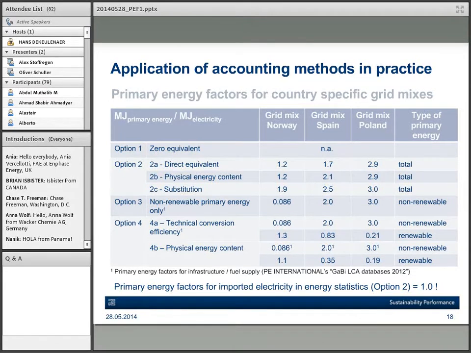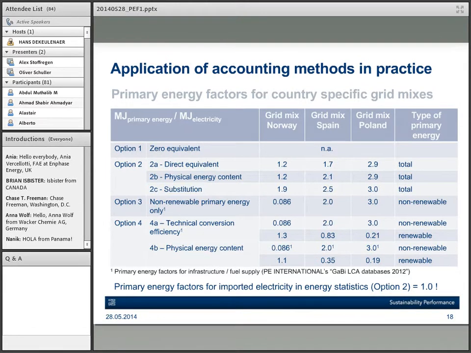So Norway has basically natural gas, so that's why the efficiency is relatively high then. But you already see that even with this high efficiency, you will have more or less 50% more than with the direct equivalent or the physical energy content.